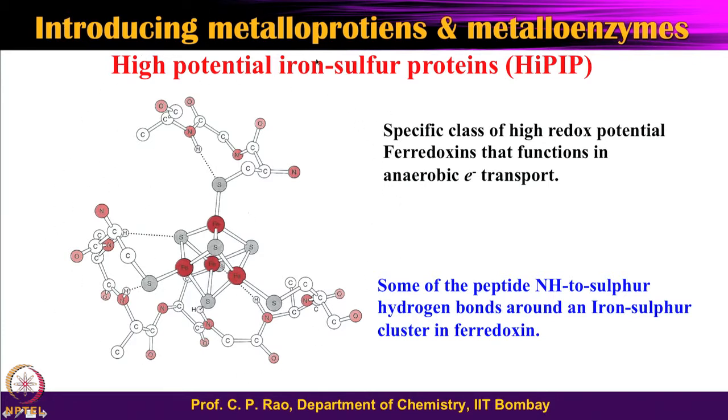Number 1, the high potential iron proteins are buried, the iron sulfur cluster is buried inside, and second, these are stabilized by NH-S hydrogen bonds. You see NH-S hydrogen bond, NH-S hydrogen bond. There are so many. The thiolate sulfurs as well as the inorganic sulfides are stabilized by the hydrogen bonding.